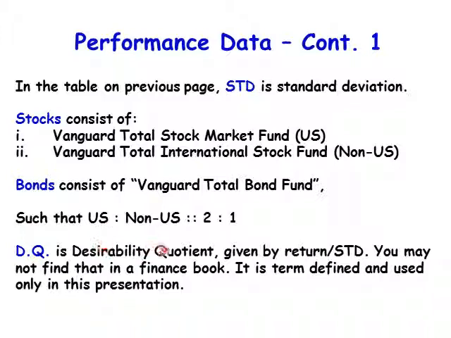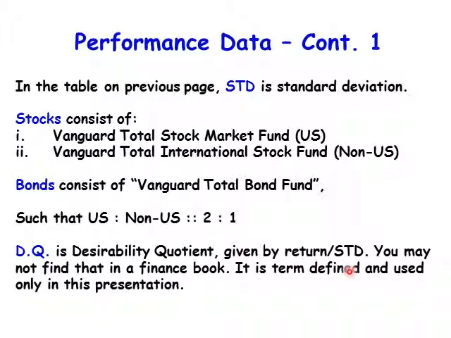DQ is desirability quotient, given by the ratio return over standard deviation. High returns are better and lower standard deviation is better. So I'm trying to seek a maximum of this ratio, return over standard deviation. My desirability quotient is this ratio here. You may not find DQ specified in a finance book.